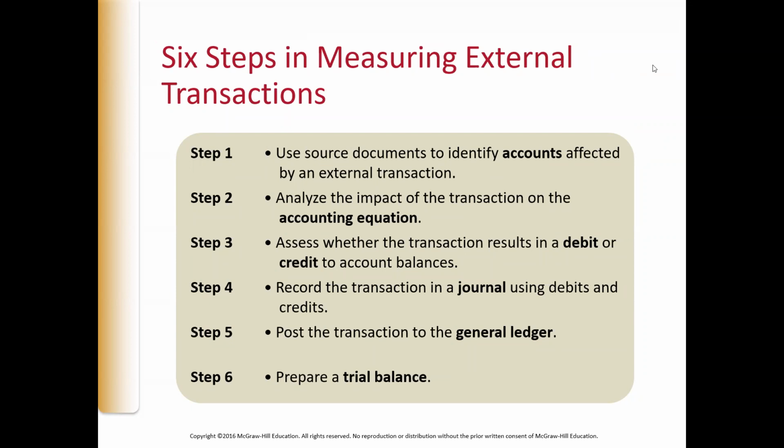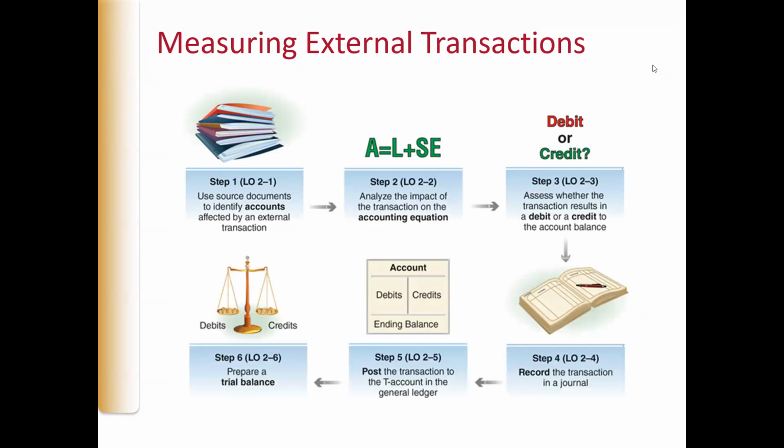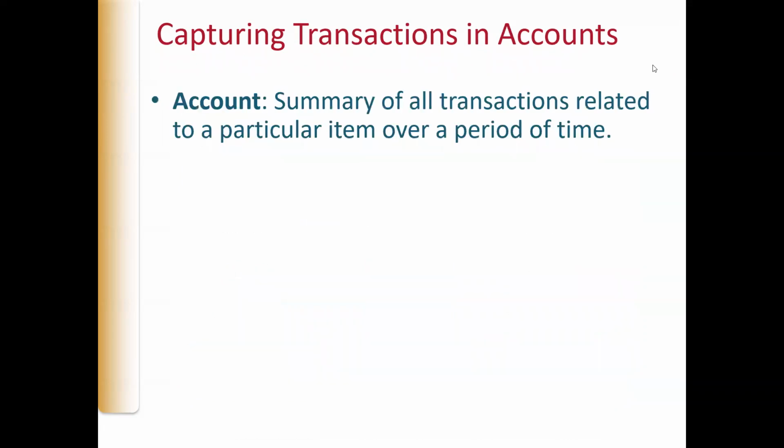Assets equal liabilities plus stockholders' equity. Then we're going to learn some new words today called a debit and a credit. We're then going to record these transactions in a journal, and then post these transactions to a general ledger and prepare a trial balance.